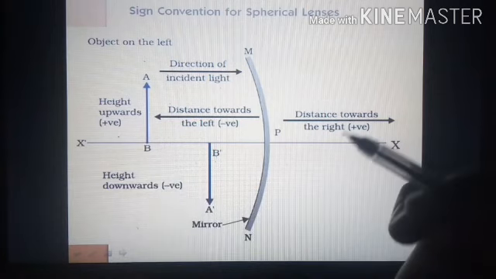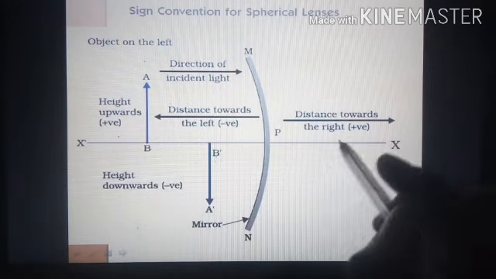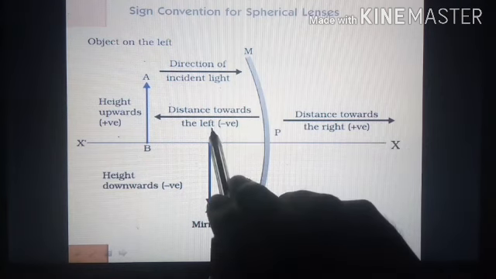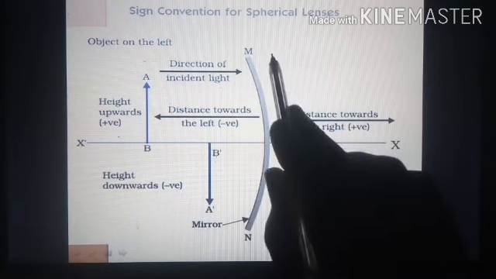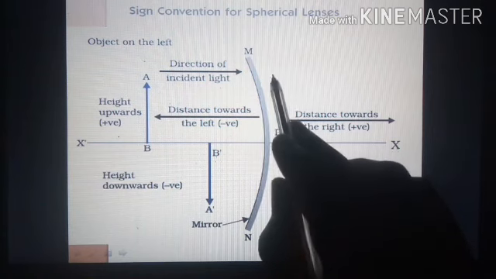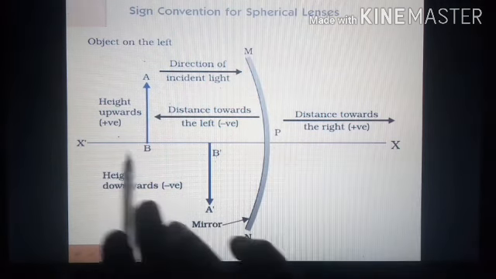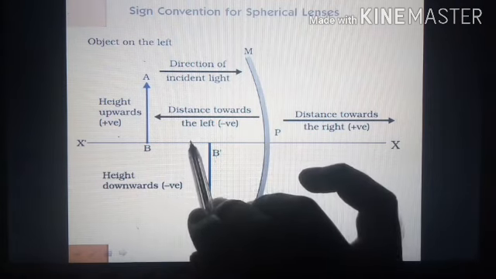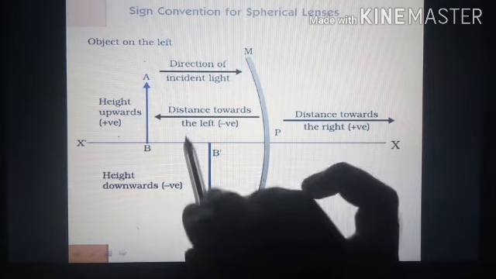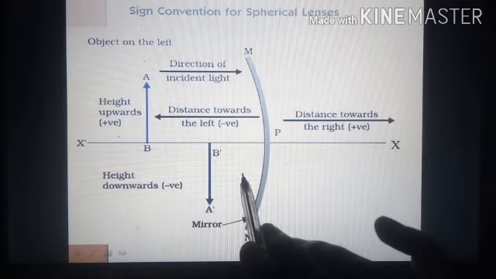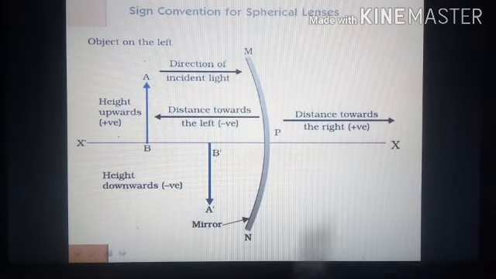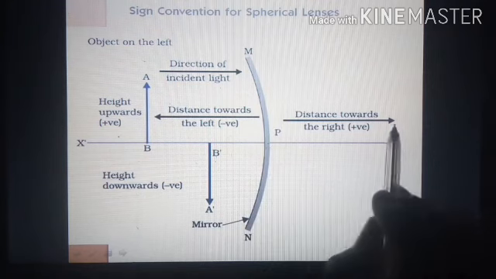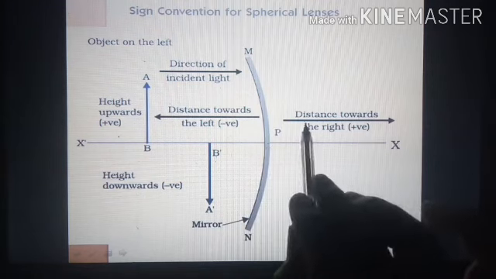We know the Cartesian coordinates x and y: in the positive x direction values are positive, in the other direction they are negative, and in the positive y direction all values are positive, and in the negative y direction negative. So this is the axis, this is the center. Distances measured above the axis are taken as positive, and distances measured below the axis are taken as negative, a simple thing. And distances measured to the right side of the pole are taken as positive.